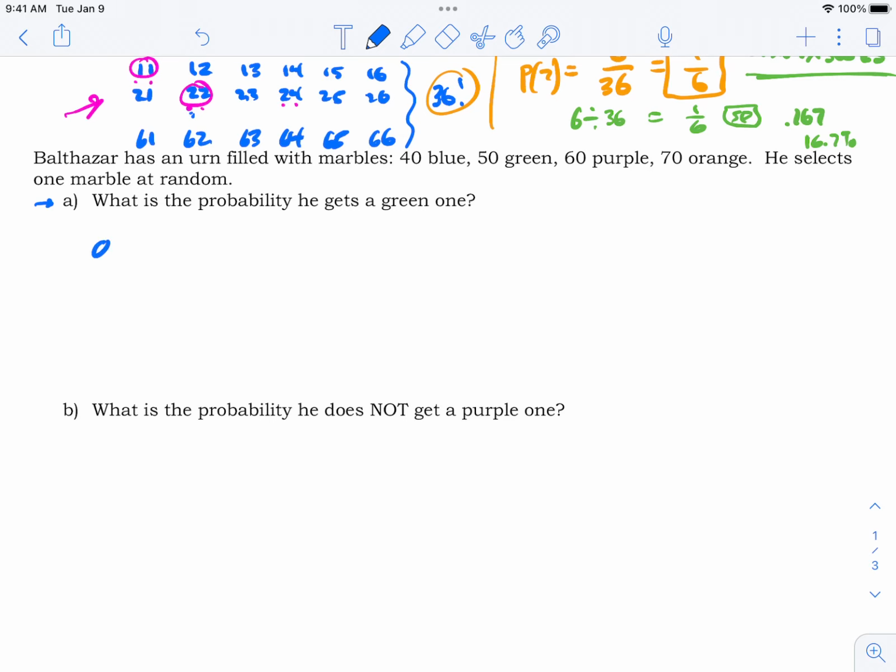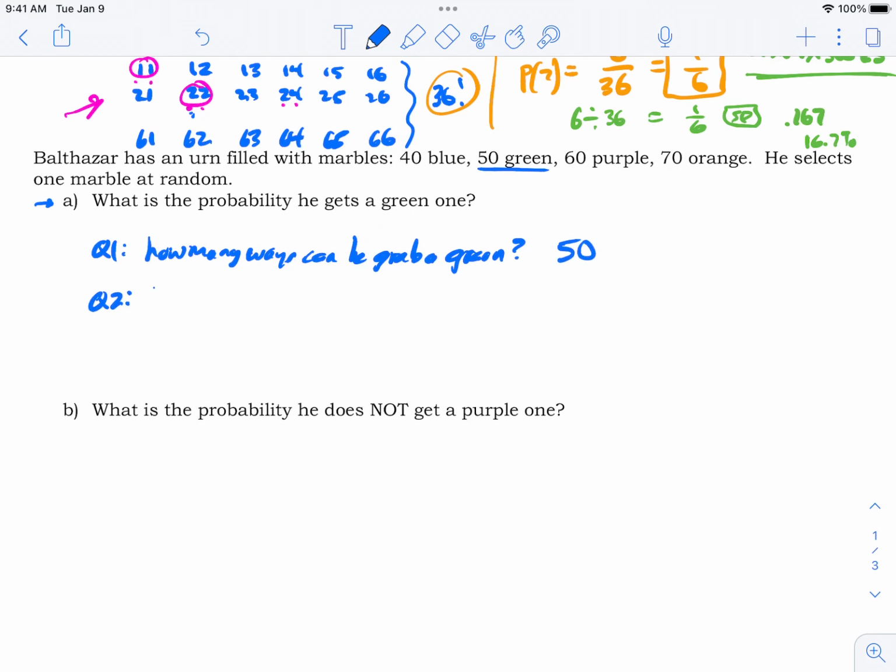Well, question 1, how many ways can he grab a green one? You look and you say, well, there's 50 green marbles, so picking any one of those 50 would count as grabbing a green one, right? So there's 50 ways to grab a green one.